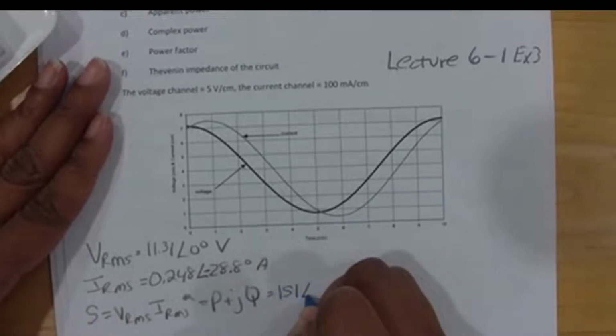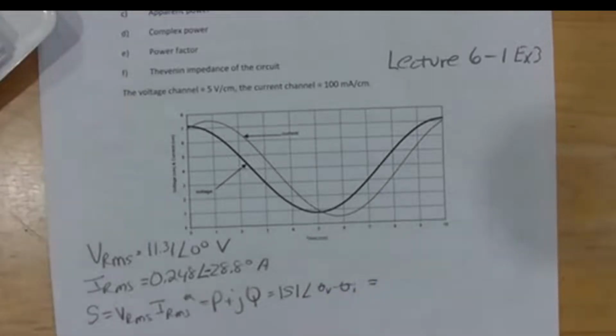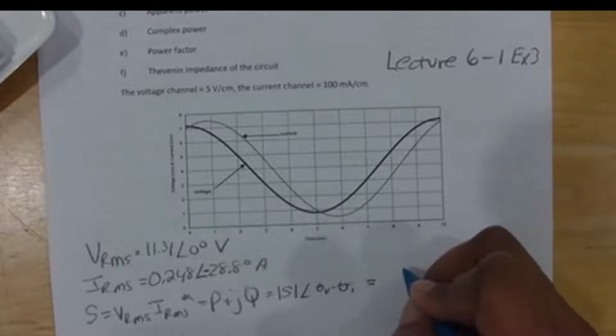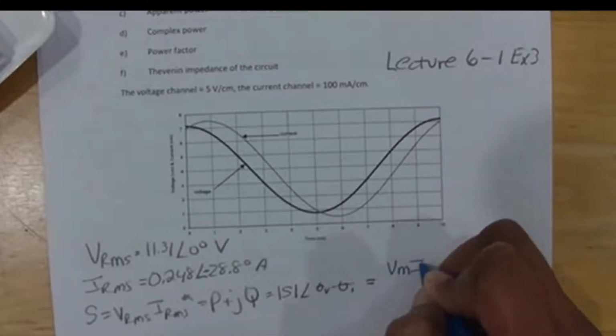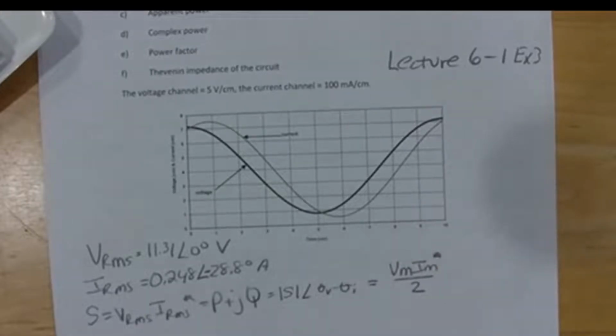So I want you to find the complex power. No, the 1/2 is when you do not have RMS. That's why we changed it to RMS. So the same formula in terms of magnitude would be VM IM conjugate over 2. Find the complex power in polar form and rectangular form.